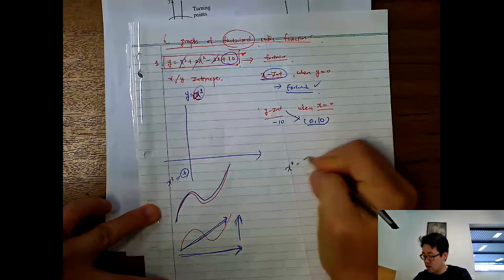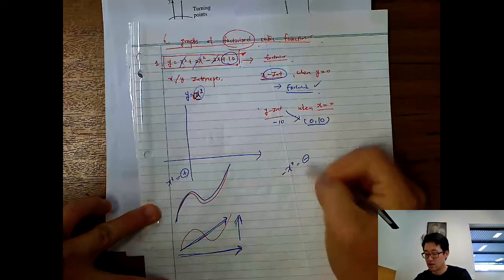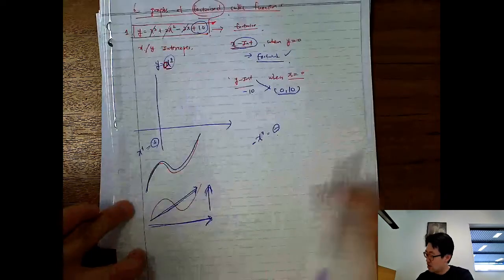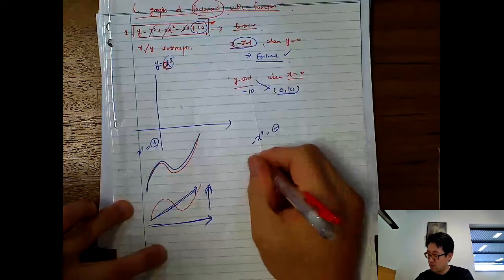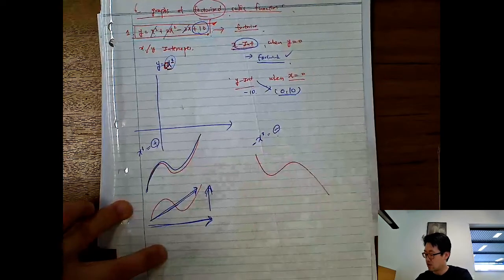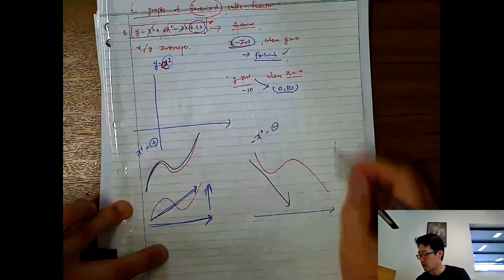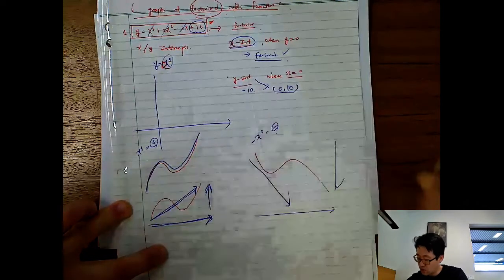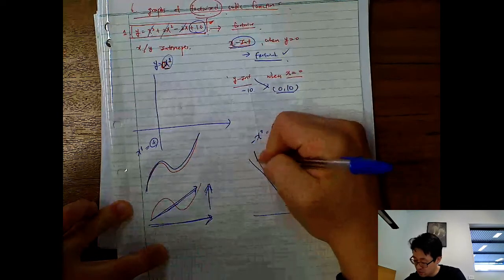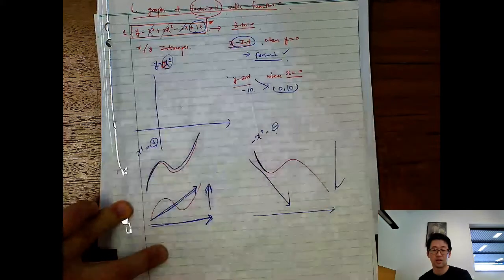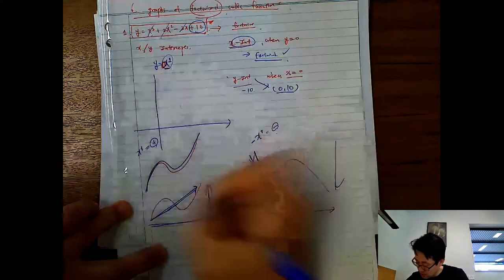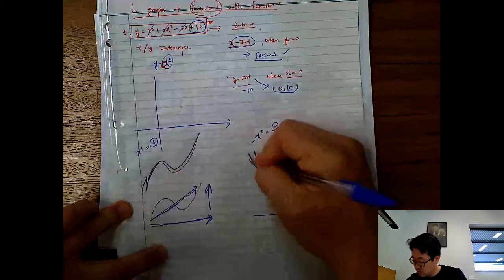When x cubed is negative, something like that, going down. When x increases, y decreases. Or the easiest way is you draw down from the start. Going down. Positive, negative. You're not going to forget.